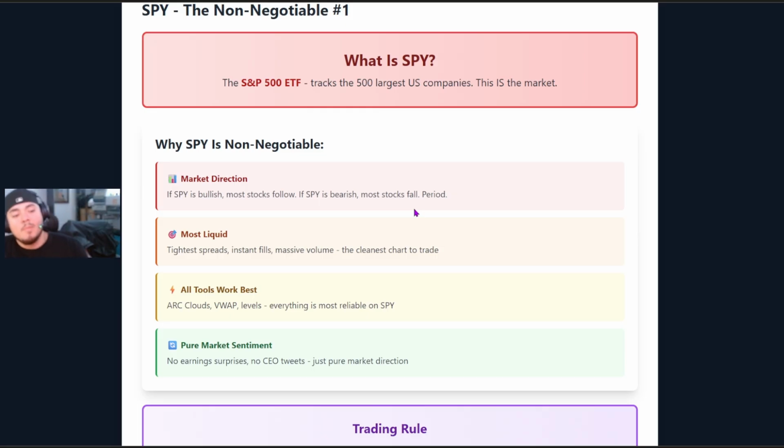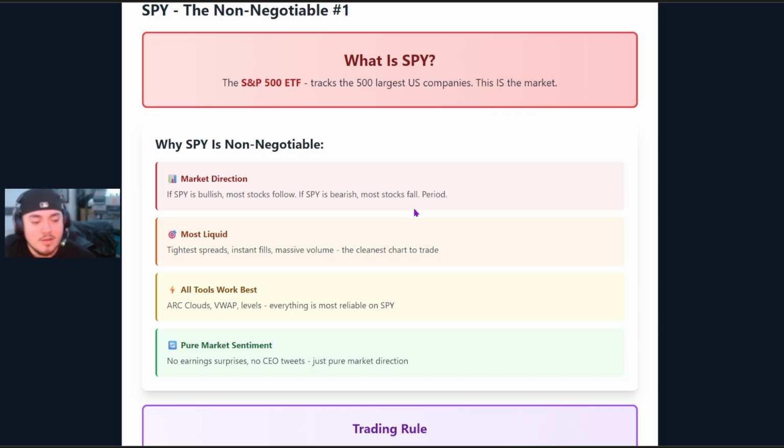All tools work best on it, so our indicators like the arc clouds, the VWAP bands, and all of our levels like gap levels, previous day high, previous day low, previous day close, support and resistance, everything is most reliable on SPY.